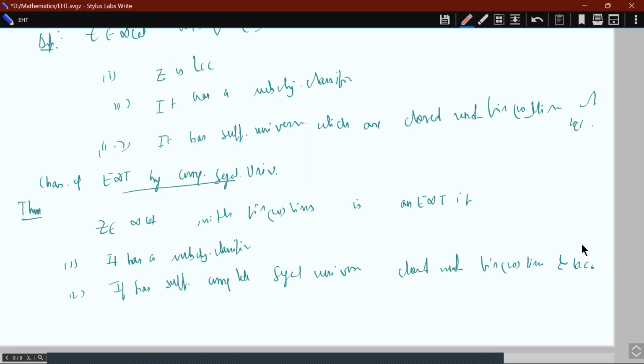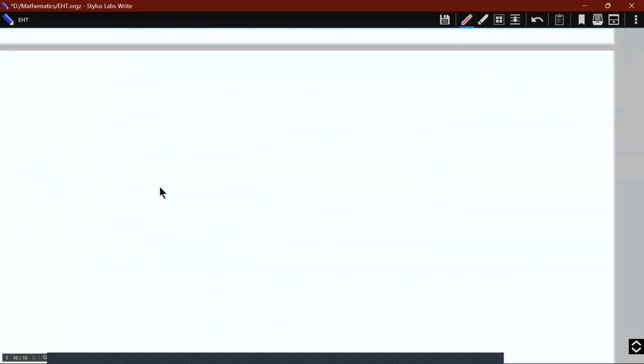Right. So okay, now let's see a few examples. So every Grothendieck infinity topos is an elementary infinity topos.